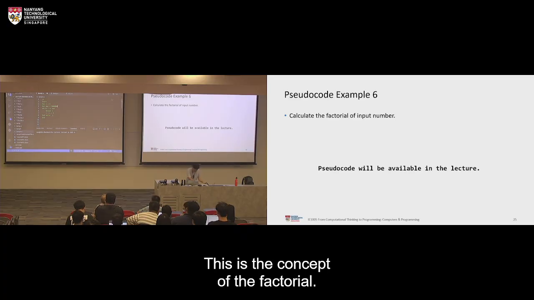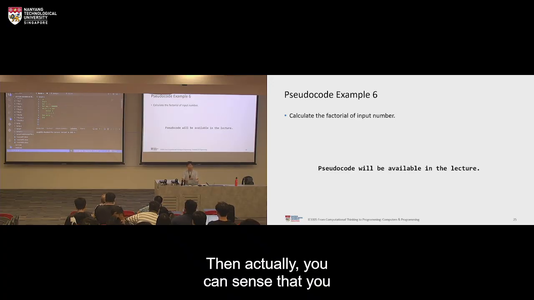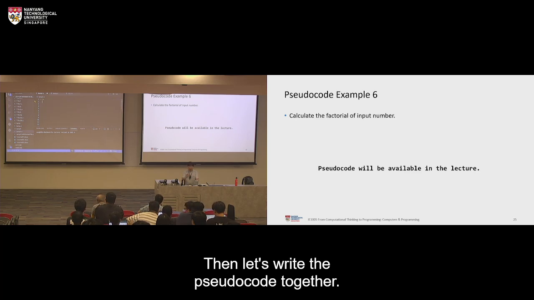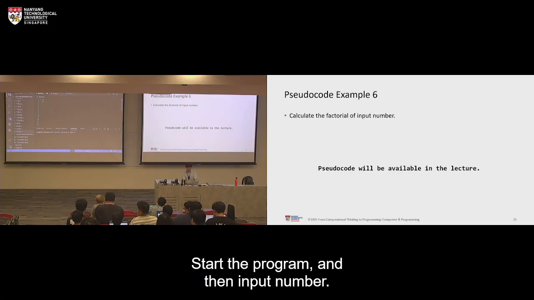Okay, so this is the concept of the factorial. Actually you can sense that you need a loop of multiplication to calculate this factorial. Right? Okay, then let's write the pseudocode together.